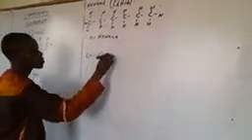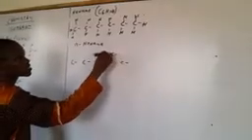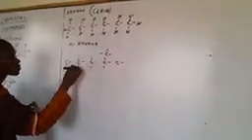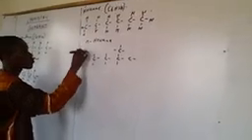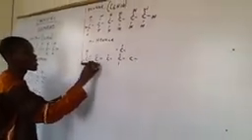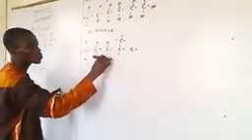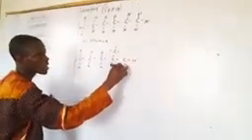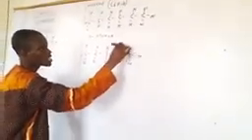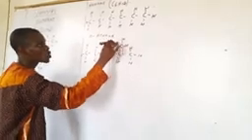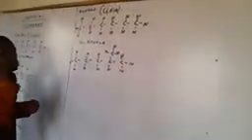Let's quickly formulate another isomer: 1, 2, 3, 4, 5, then this one 6. Now here is what I want you to pay attention to for the naming of this compound. I told you the other time that when you are naming, you number from the end of the chain closer to the attachment.